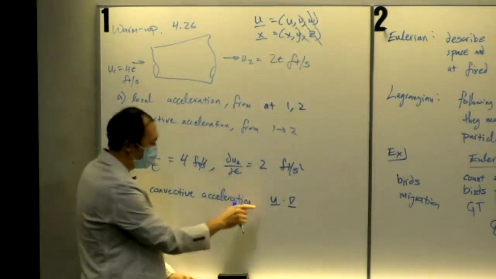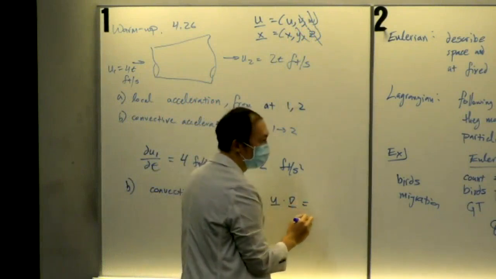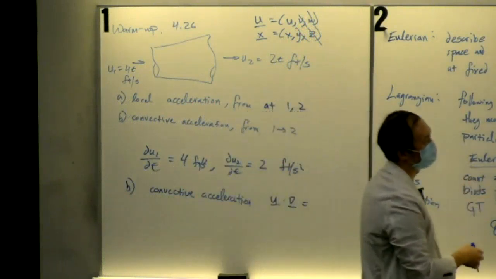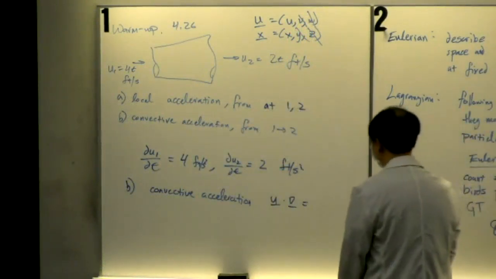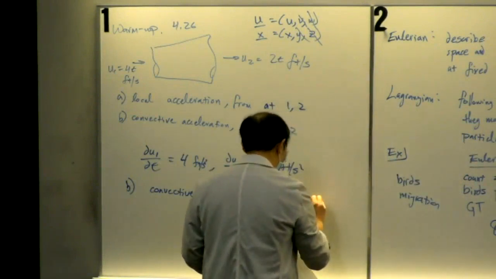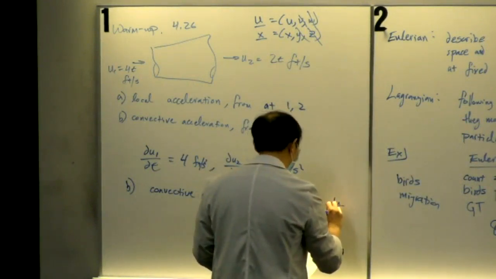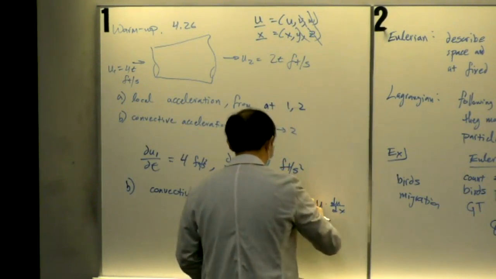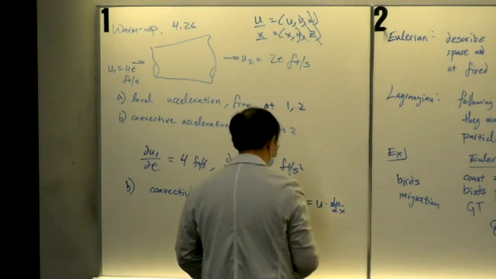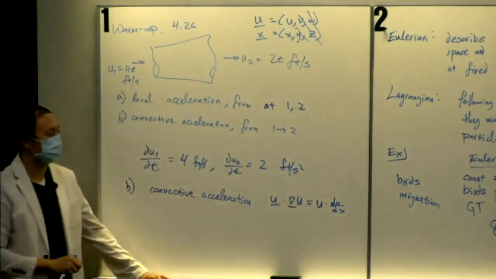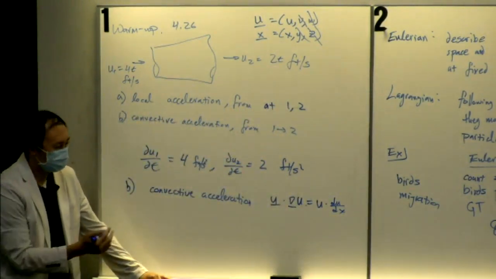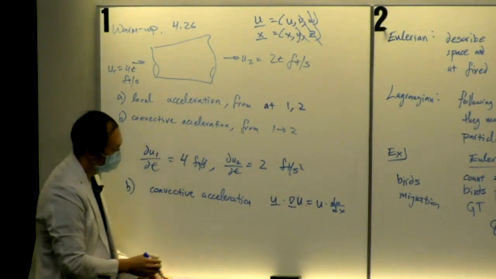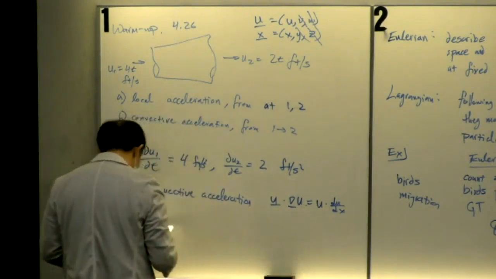And so u dot del, which is originally 3 terms, the 3 terms you saw on the other side, u times d/dx plus d whatever. So here we just have u times du/dx. And that actually has the units of acceleration.